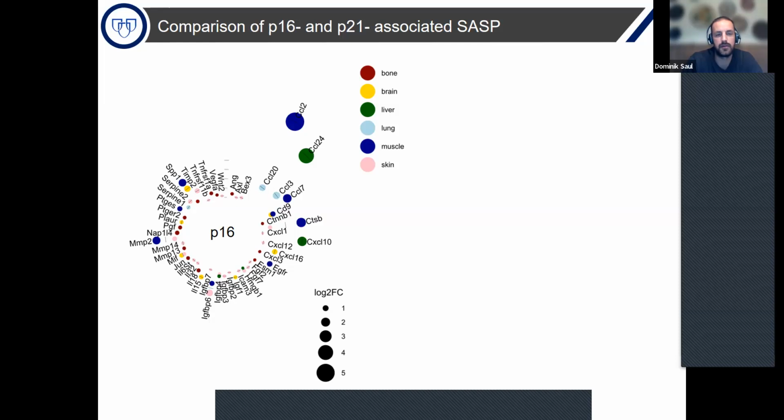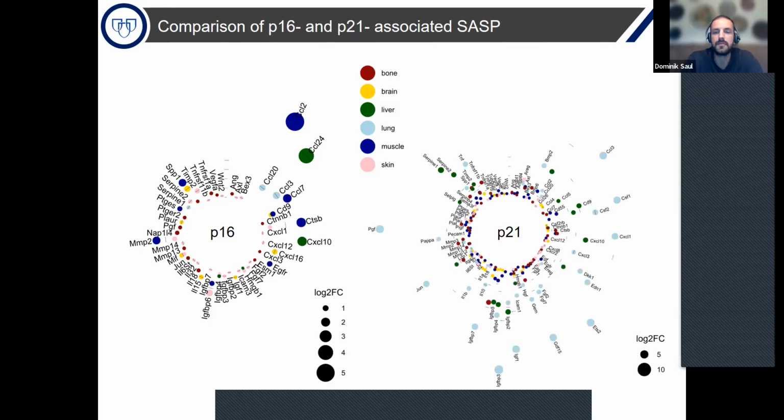For the whole tissues, color-coded, in the P16 positive cells you find these markers that are just from SenMayo, and these markers that are just from SenMayo for the P21 positive cells. And interestingly, the lung has the highest log2-fold change, but just for the P21 positive cells, which is strange, but seems to be the truth since it's not the same for P16.